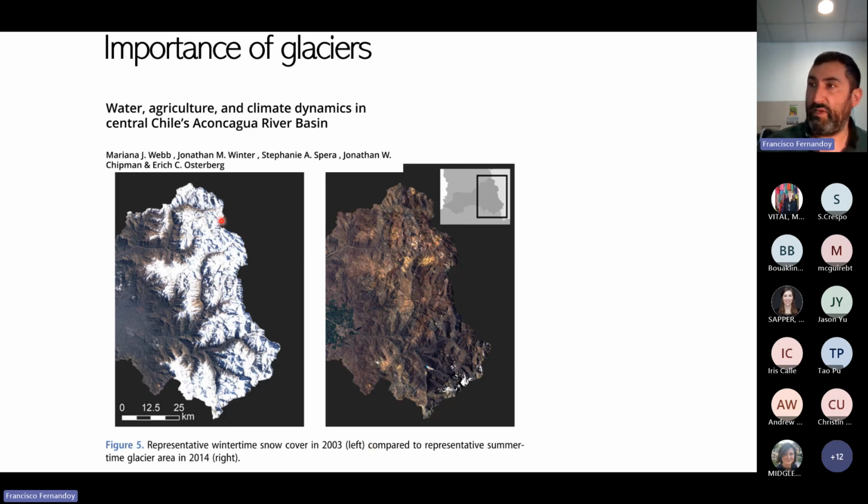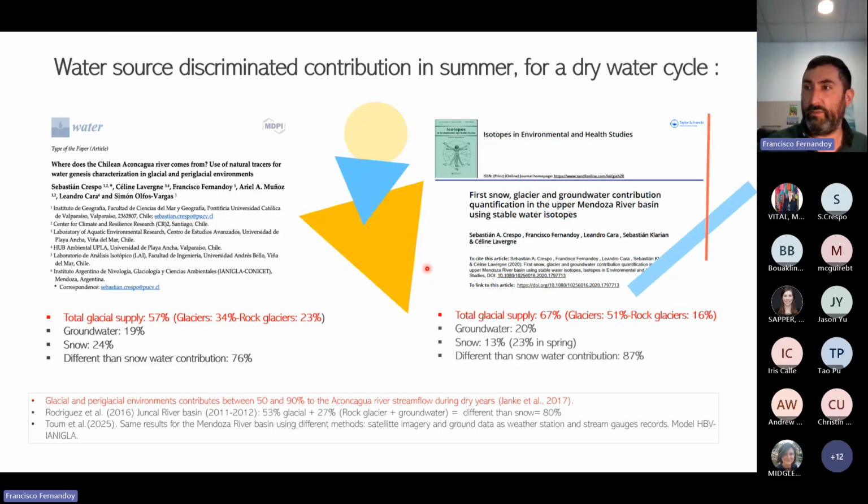So this is a typical scenario in winter for the Aconcagua Basin, but this at the right side is the typical scenario for summer conditions. We see that the glaciers are located on the highest part of the mountain, and that is what is releasing water in case we don't accumulate snow in winter. And this is what the work that we have been focusing on.